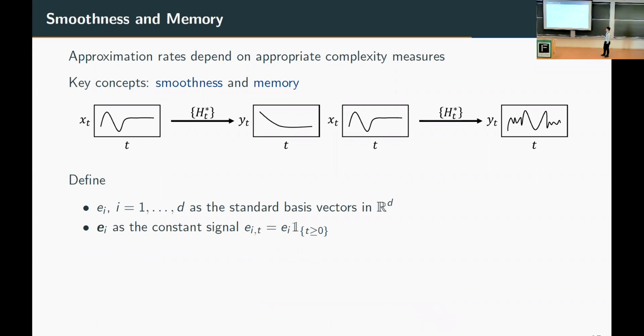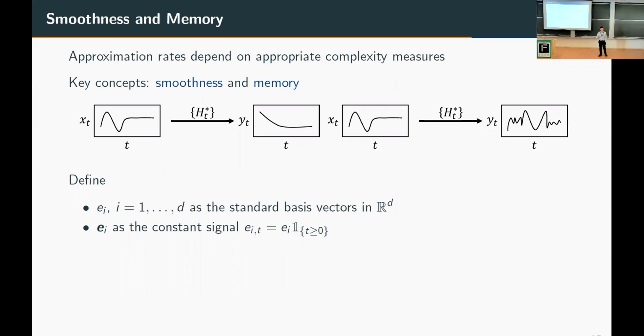We let e_i be the standard basis vectors in R^d. And we have this bold e_i to be a kind of impulse signal that is equal to 0 when time is smaller than 0, and at time 0 it steps to 1 in that direction. So it's basically like a flat signal like this. And we feed this signal into my functional, and we observe its effect.